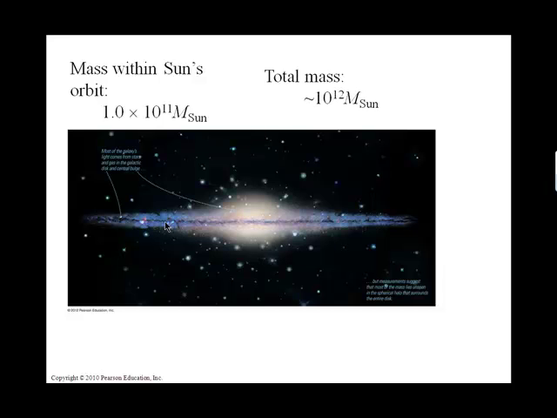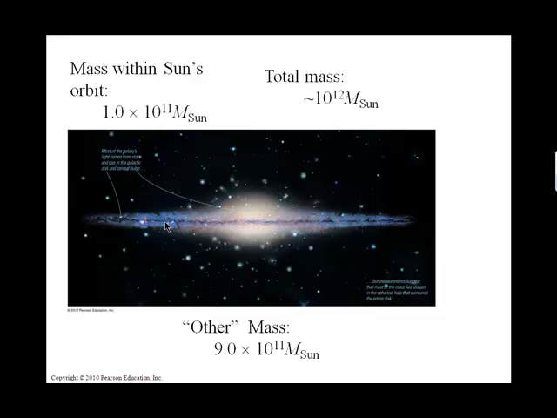Well, the entire mass of the Milky Way Galaxy is about a factor of 10 greater, 10 to the 12th solar masses. And that may not look like much, but if you do the subtraction, that means that mass is not within the sun's orbit.